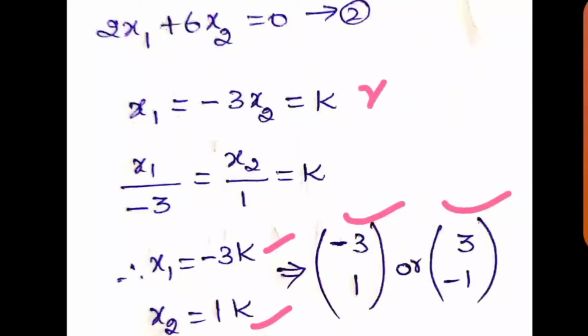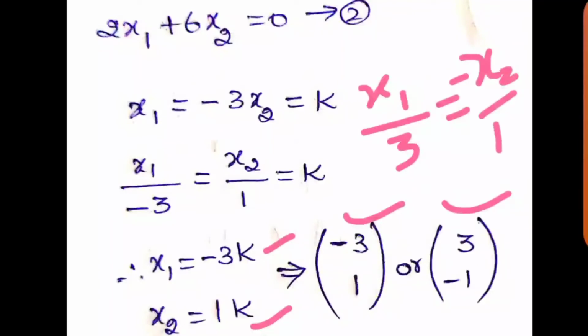Or we may also do it like this: x1 by 3 is equal to minus x2 by 1. If you keep it like this, the answer will be 3k and minus k. So at that time it is 3 and minus 1. So in these cases you should not look at the minus sign, you should look at the ratios of the k only. So the eigenvectors will vary like this also.